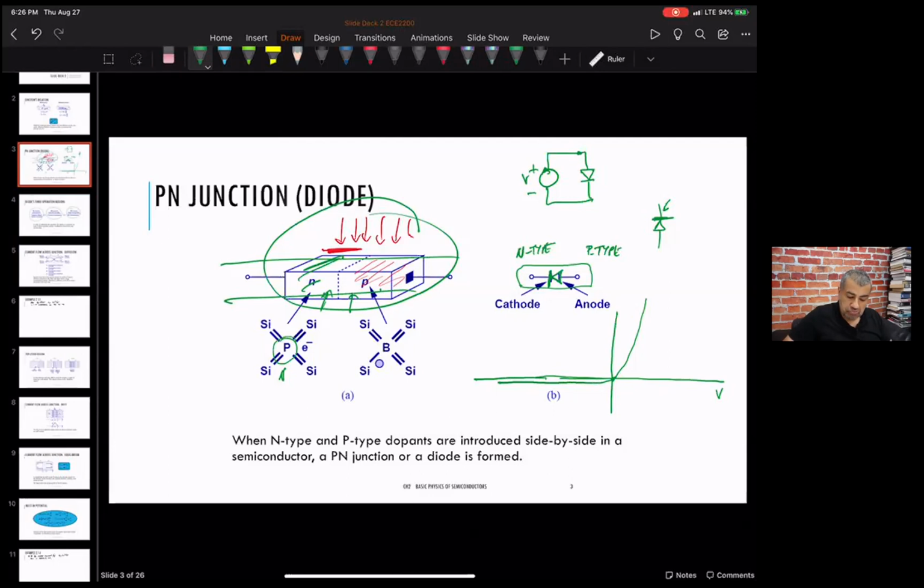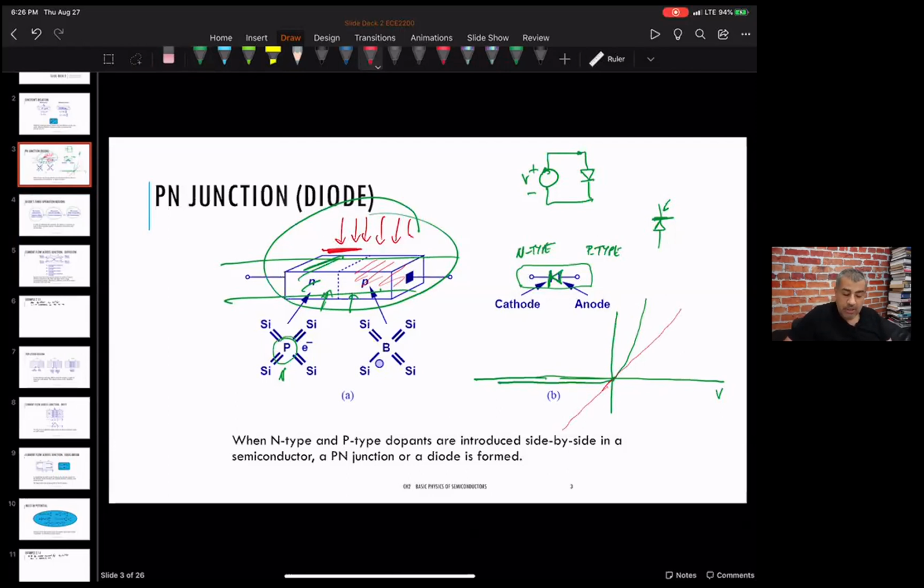Remember a resistor, which just does something like that. It's not asymmetric. So we'll see how this is very, very useful, although resistors are useful too, God knows.